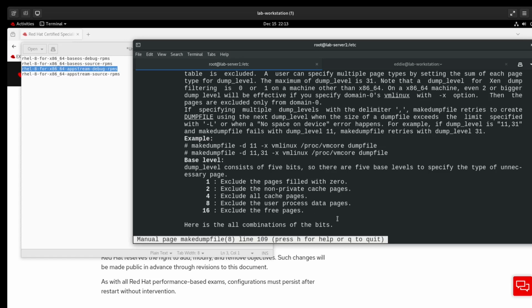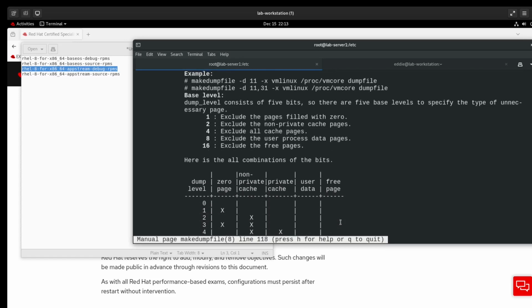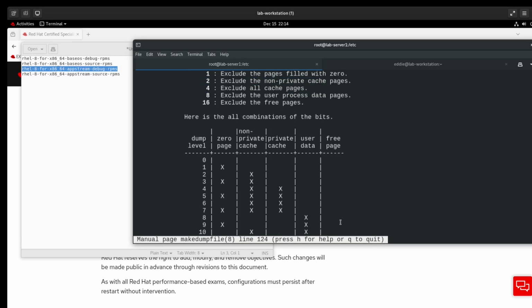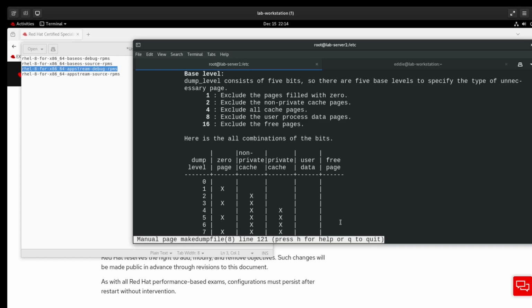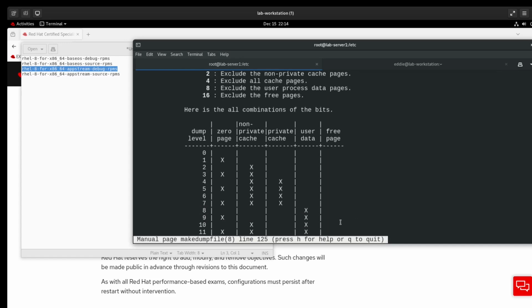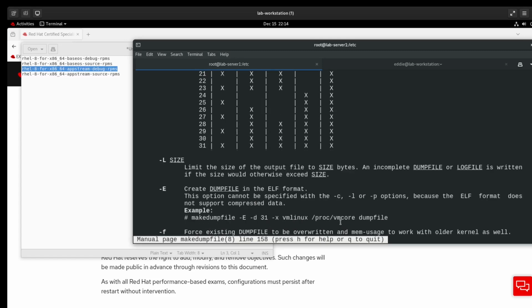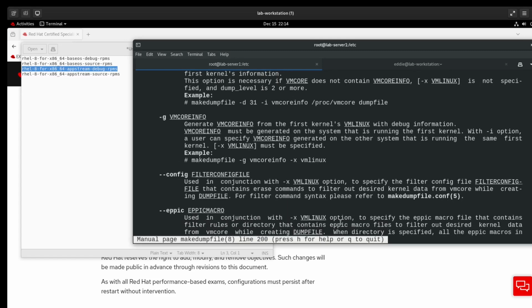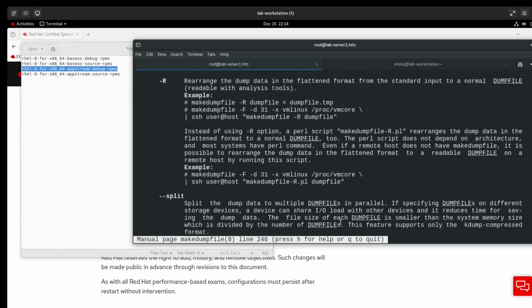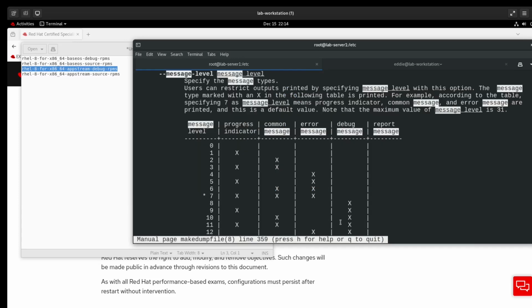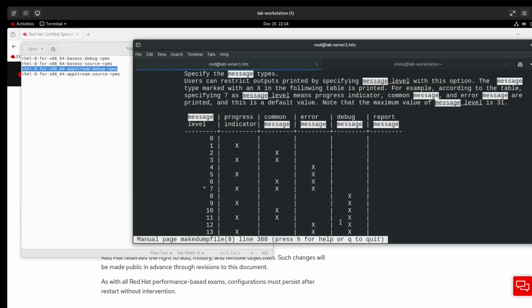And basically we have what we want with our dump level, or depending on what's asked, one is basically include almost everything, and 31 is excluding everything. Then for messages, go back to the beginning of that. For message level, it is the opposite.